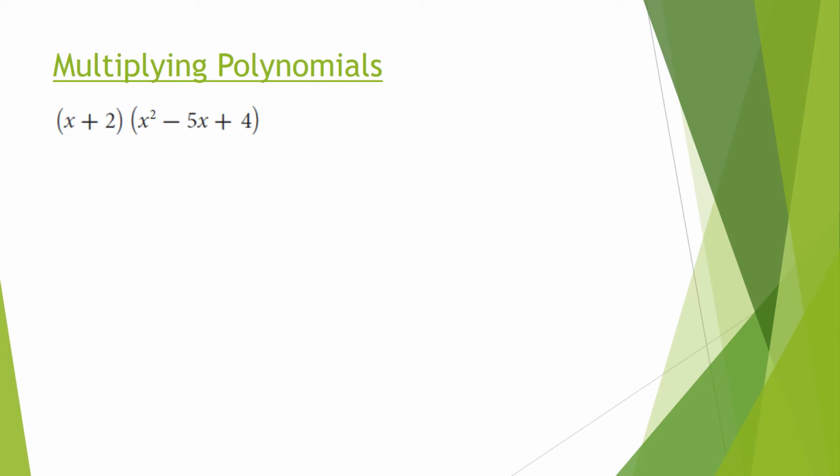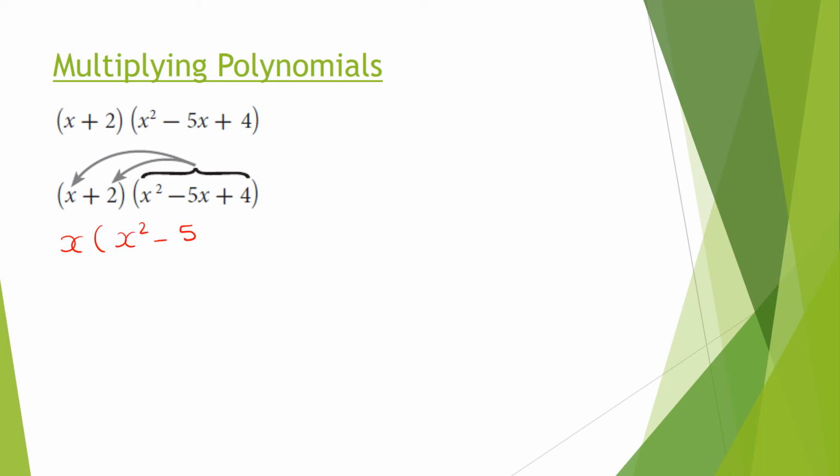Multiplying polynomials. So I have here a binomial with a polynomial. So it's the same thing as distributing. So the x will be distributed to the whole bracket and the 2 will be distributed to the whole bracket. So as if it's x multiplied by x squared minus 5x plus 4 plus 2 multiplied by x squared minus 5x plus 4.